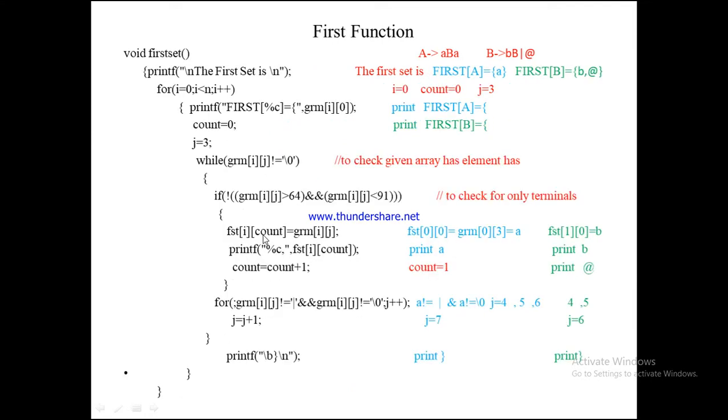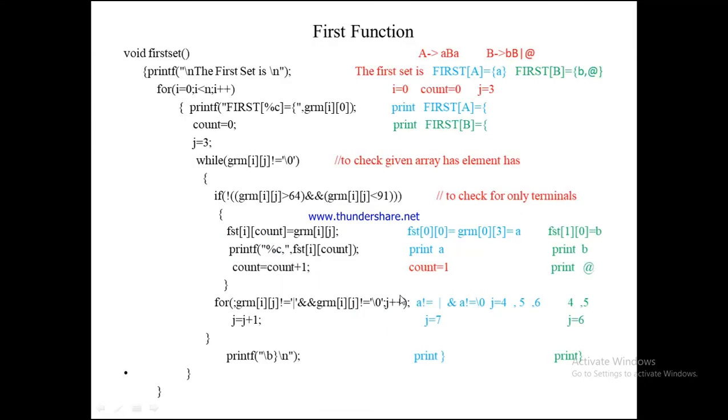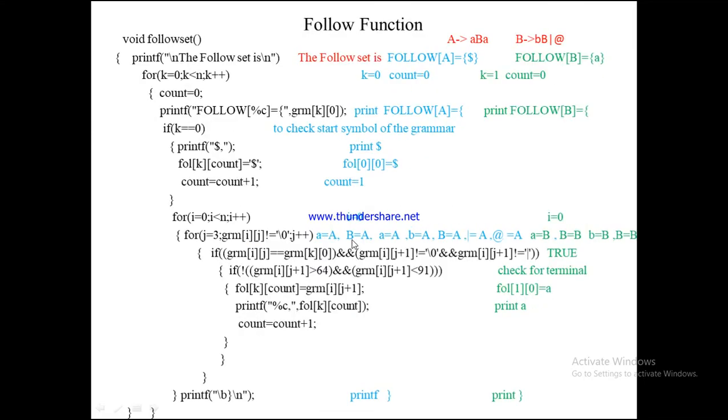GRM of 0, 4 is capital B. So I am checking now whether the capital B is equal to A. No, again I will increment, and I will not enter into this. Again I will increment the value of j. Again I am checking whether this a is equal to the capital A. No, again I will come back to this one.